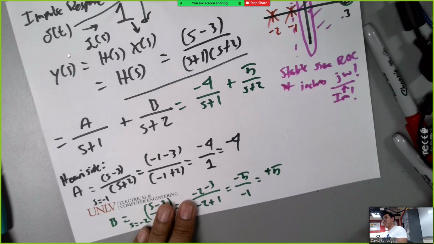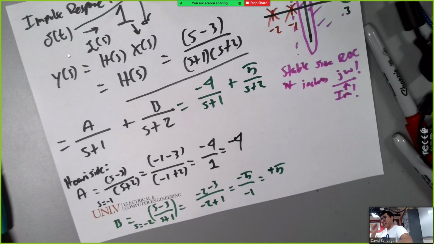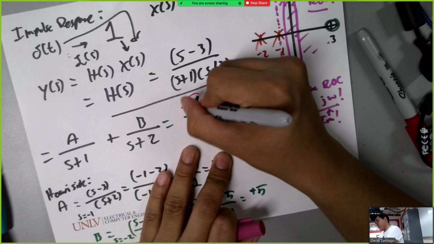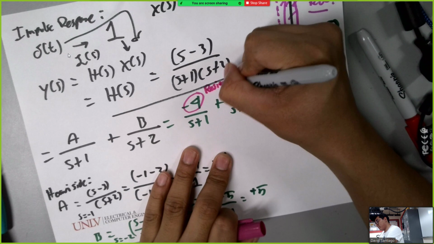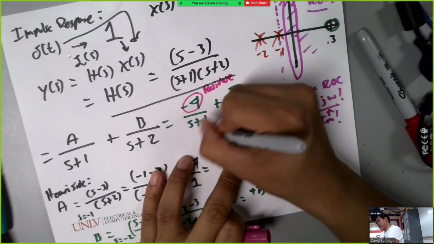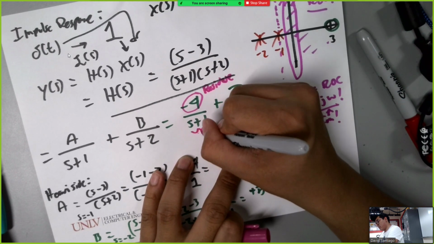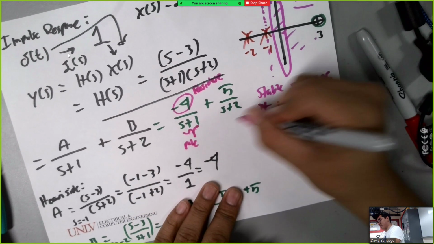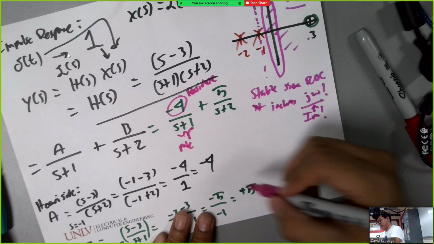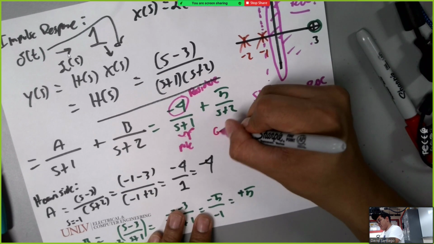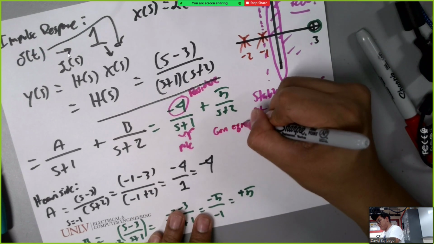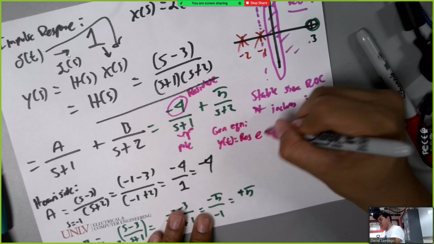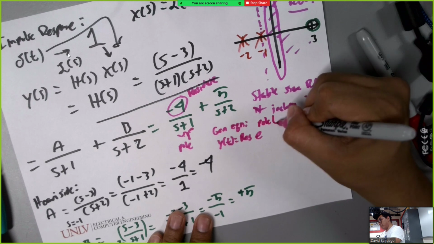Now remember the thing I was trying to tell you about? This right here is a residue, and this right here is a pole. The general equation is y of t equals the residue times e to the pole times t.